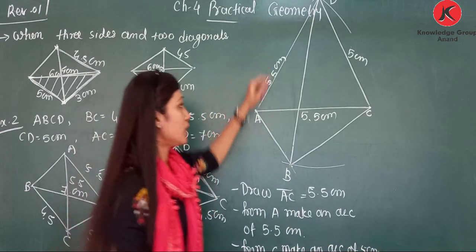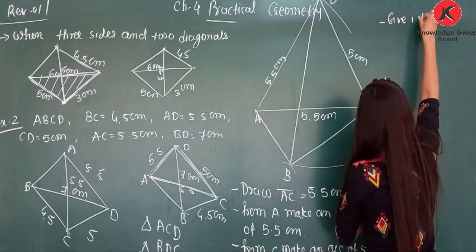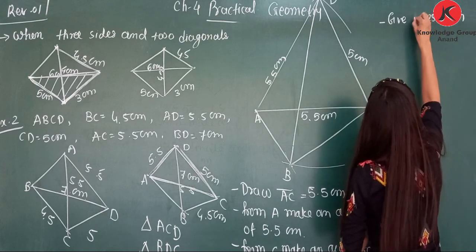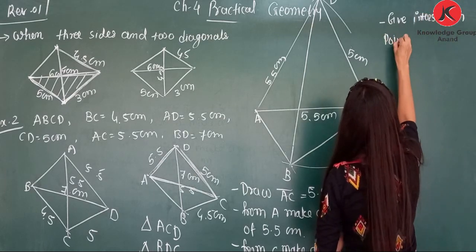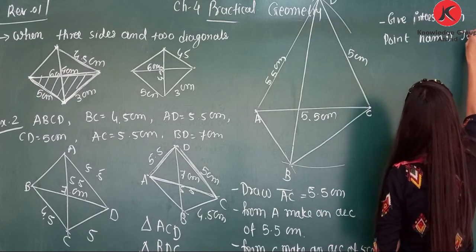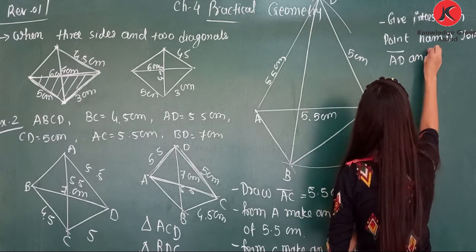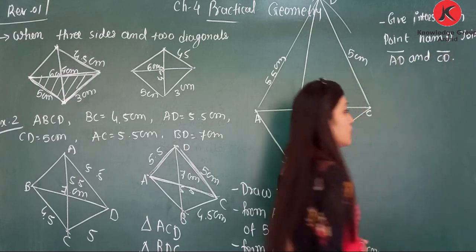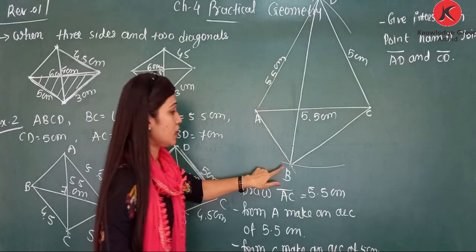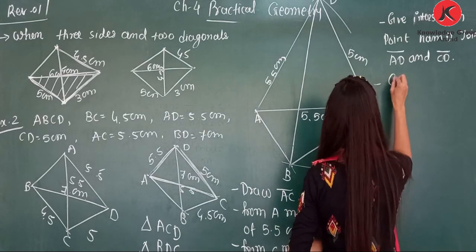Then give the intersection point the name D, and join AD and CD. So our first triangle is constructed. Now from D make an arc of 7 centimeter. That was our next step.